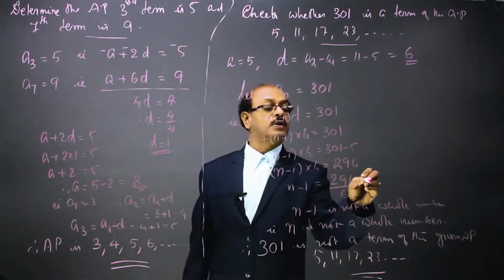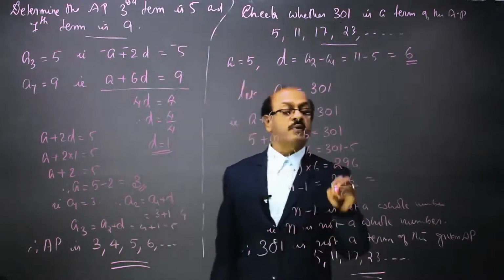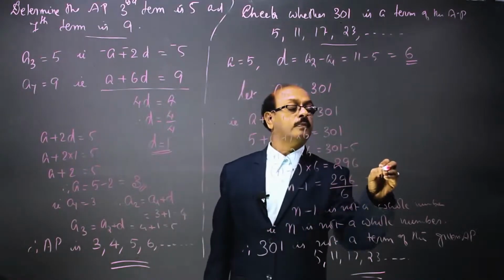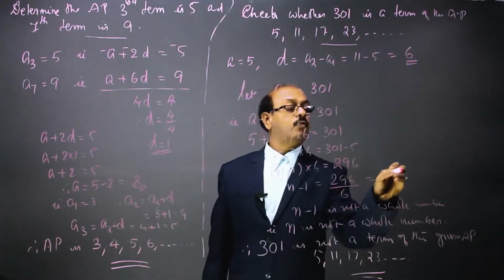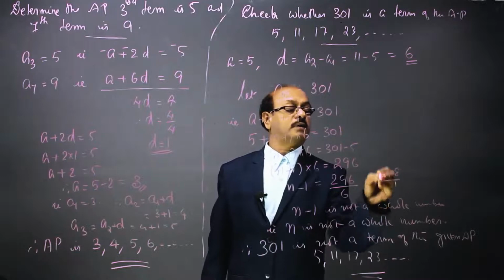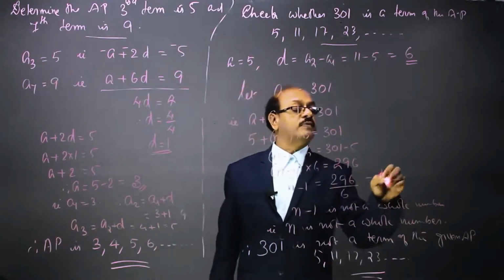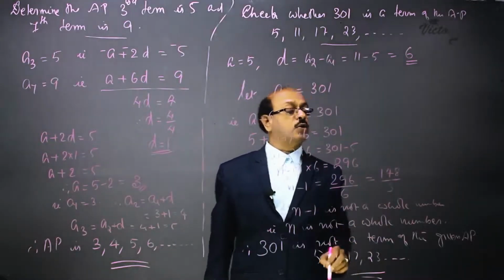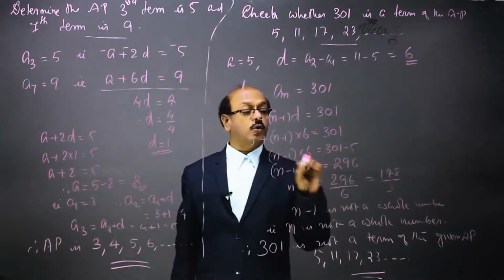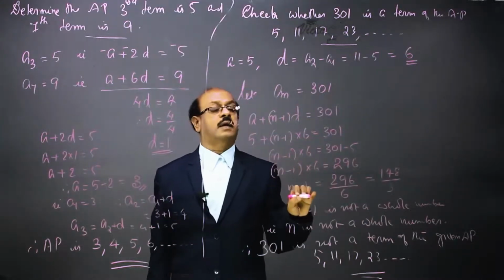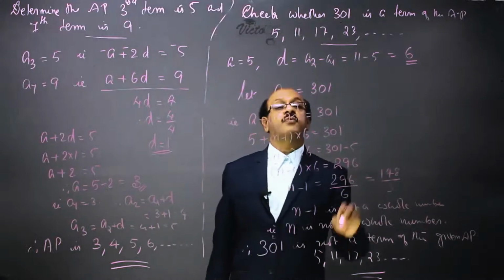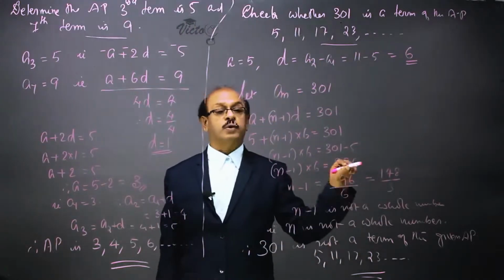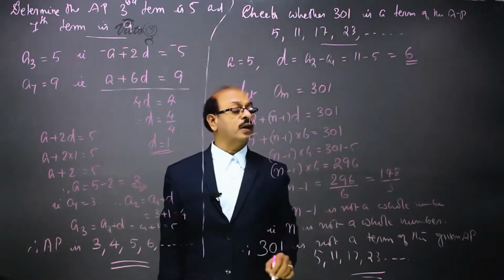Once more we can simplify it by dividing by 2: 148 divided by 3. 148 is not divisible by 3. So n minus 1 is not a whole number. 148 cannot be divided by 3 exactly, means it will be a decimal fraction. So, n minus 1 is not a whole number means n is not a whole number.